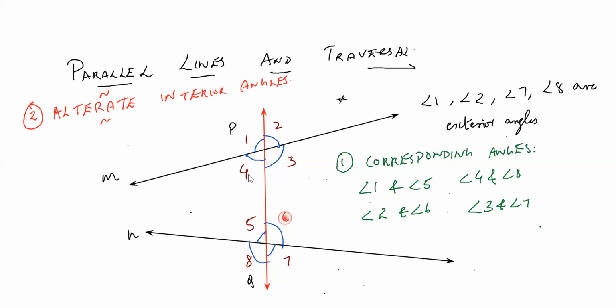This is interior, right? Correct? Alternate, angle 4 and angle 6. Alternate interior angle. Then angle 3 and angle 5. Angle 4 is equal to angle 6 and angle 3 equal to what? Angle 5. These are my alternate interior angles. That's all.